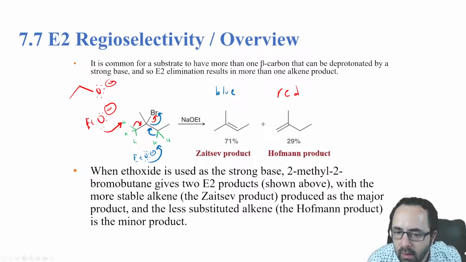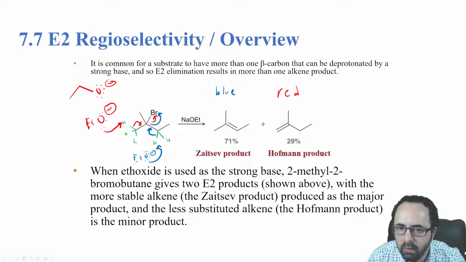So we can see that due to the greater stability of the more substituted double bond, we get a preference for the so-called Zaitsev product, where the double bond is positioned between the second and the third carbon, rather than the Hofmann product, where the double bond is between the first and second carbon.